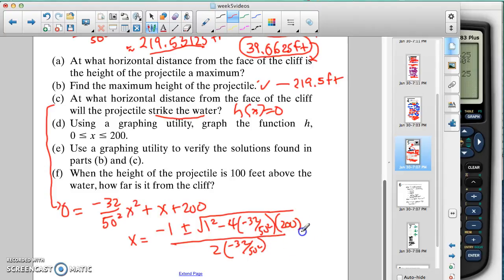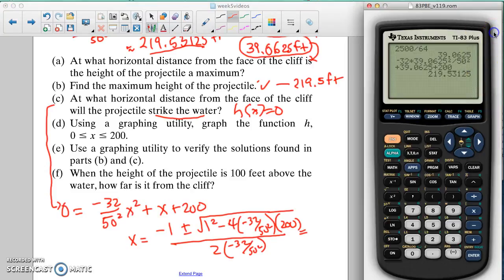All right, now I'm going to use my calculator to see if I can get the answer to this one and find that distance. Now, on this equation, since the denominator here is negative, we're going to want the negative answer up here. We're going to get a positive answer if we use a plus here, but we're going to want the negative answer here because we're going to divide by a negative value so that we get a positive answer out of this. So let's just, I'm going to do the square root first.